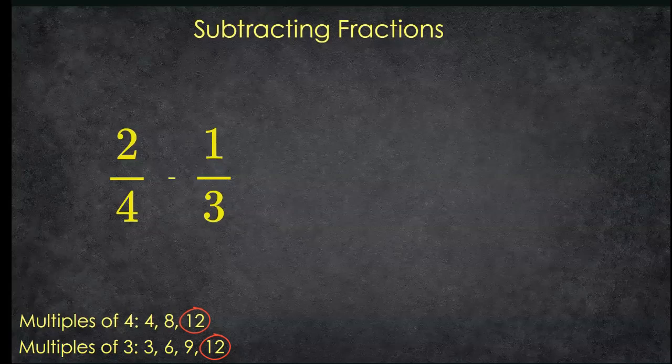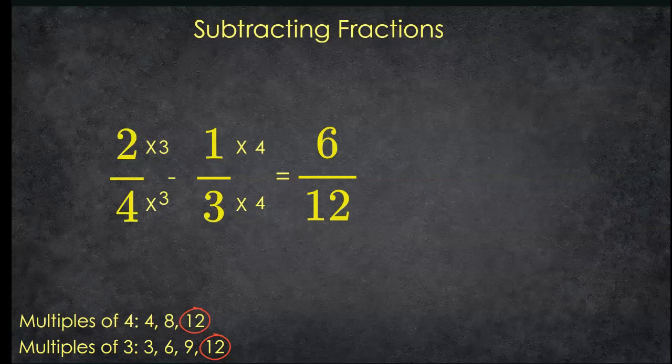The way I'm going to do that is I'm going to count my positions, and I can see 4 times 3 is going to get me to 12, and 3 times 4 will get me to 12. So I'm going to be multiplying the numerator and denominator by that same factor. 2/4 is going to become 6/12, and 1/3 is going to become 4/12.